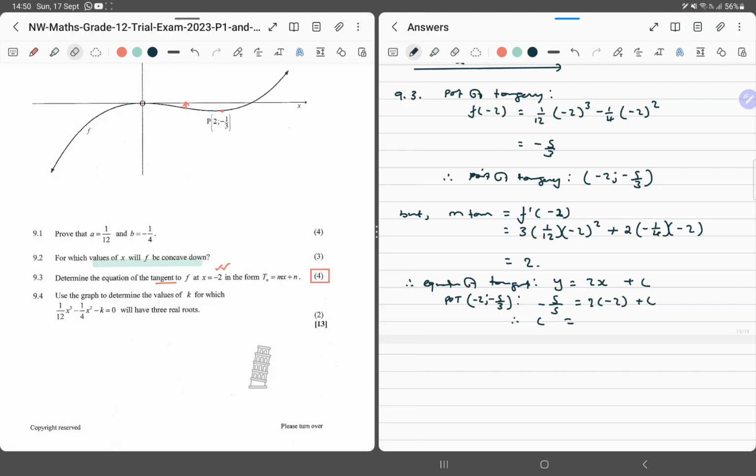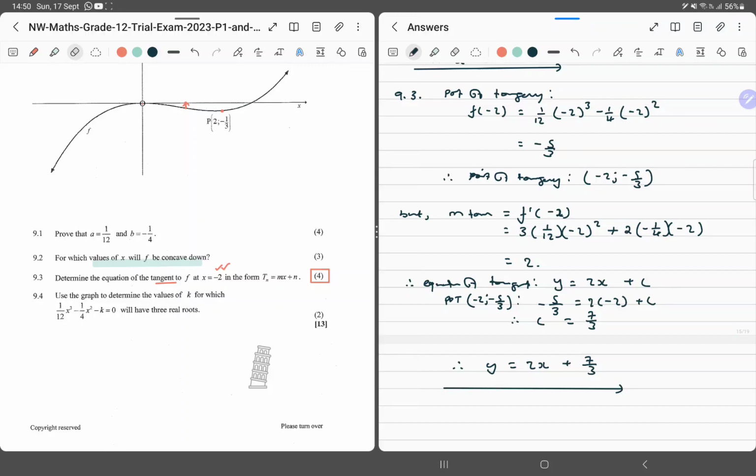Therefore, c is going to be 4 minus 5 over 3, which is 7 over 3. Therefore, y is going to be equal to 2x plus 7 over 3. Nice and easy.